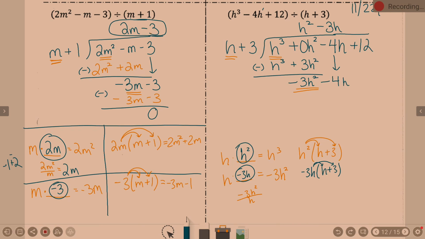Negative 3h times h, negative 3h to the second. What about negative 3h times 3? Negative 9h.